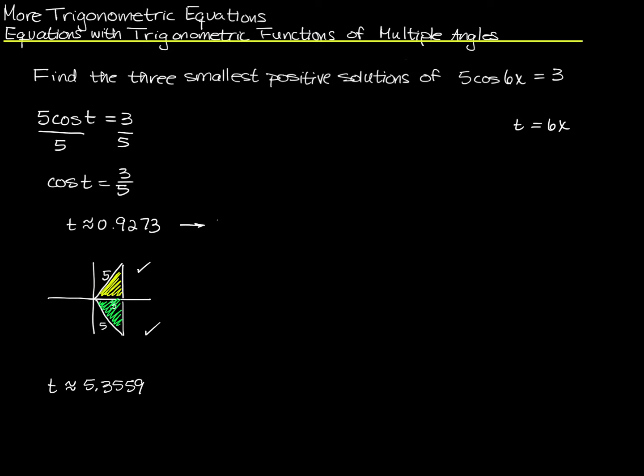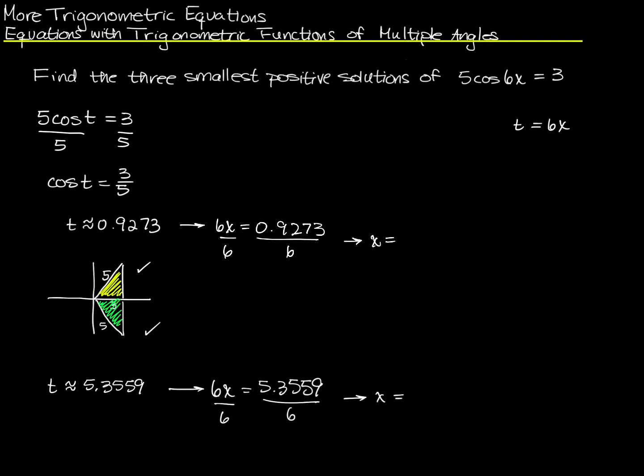I'm going to rewrite each one of these as 6x equals, in this case, 0.9273. And this one as 6x equals 5.3559. And then I'm going to divide both sides by 6. That gives me x equals, and I'll have to do this on the calculator, but I'm going to use the values that I had in the calculator.